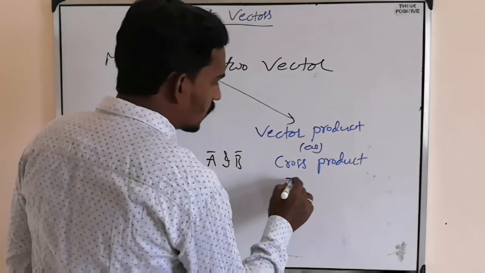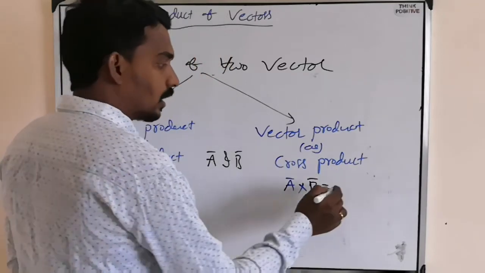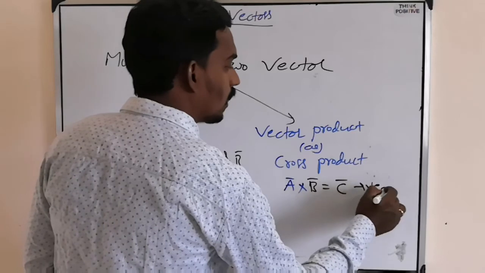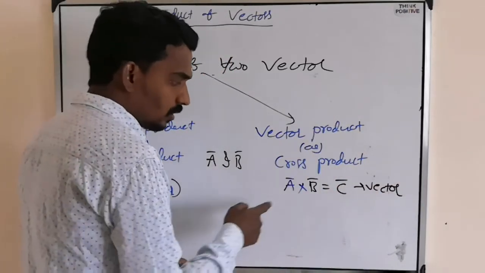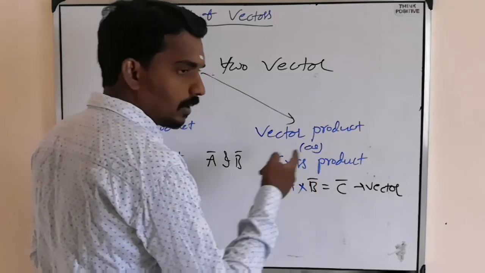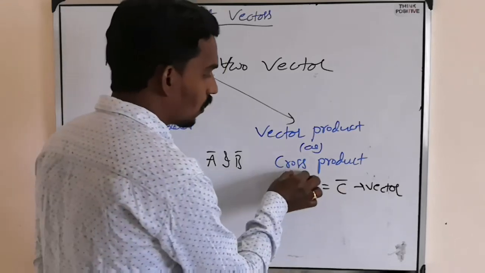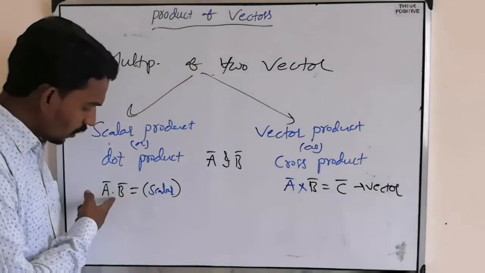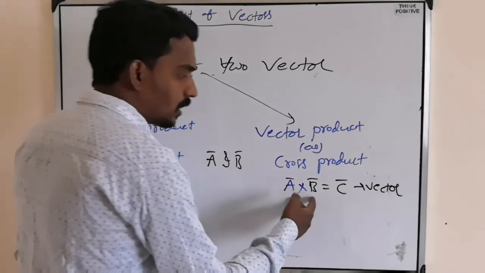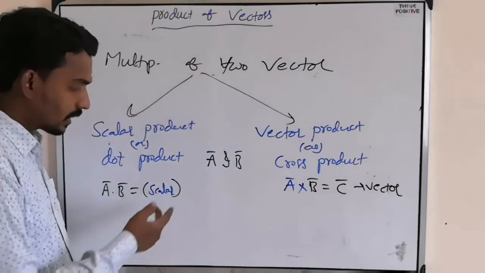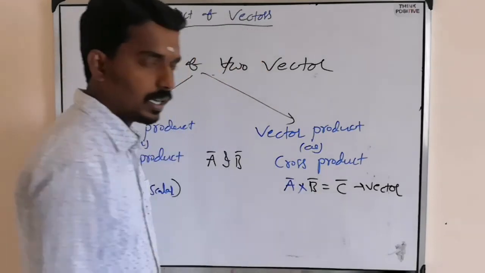Or, if you multiply the same two vectors such that the result is a vector, then it is called the vector product. You write A bar cross B bar, so it is also called the cross product. There is the dot product and the cross product. Dot product gives a scalar, cross product gives a vector. Scalar from two vectors, vector from two vectors.